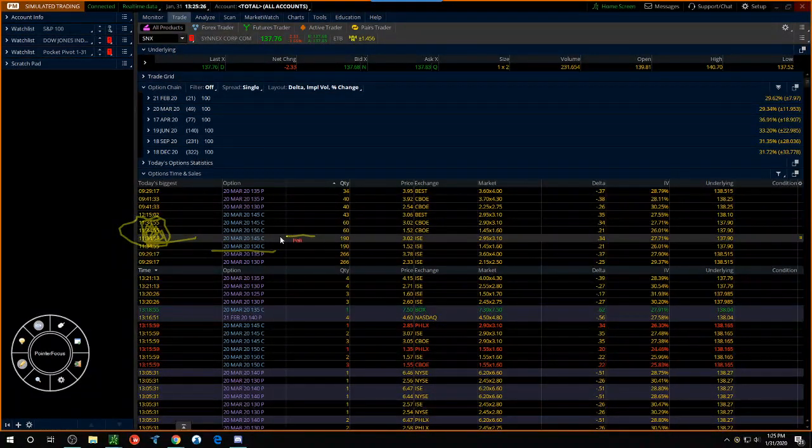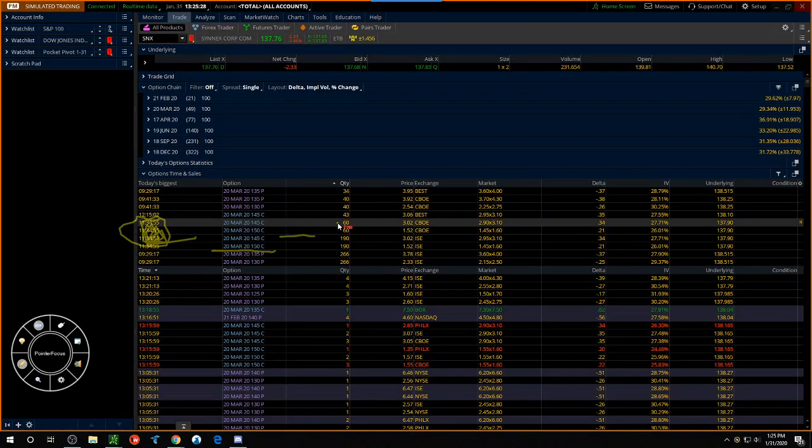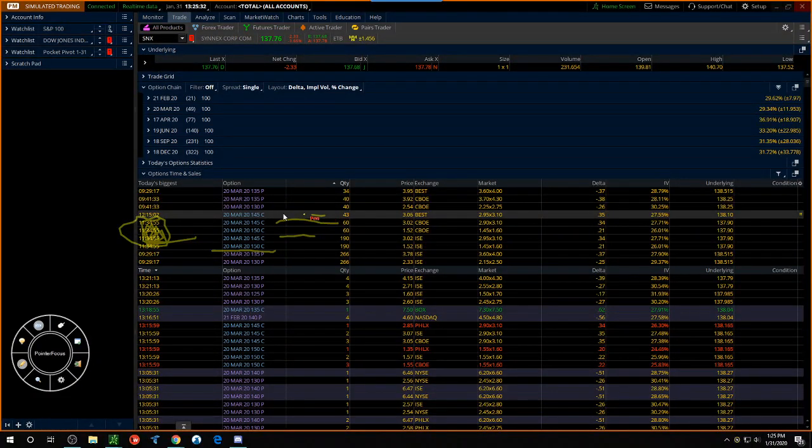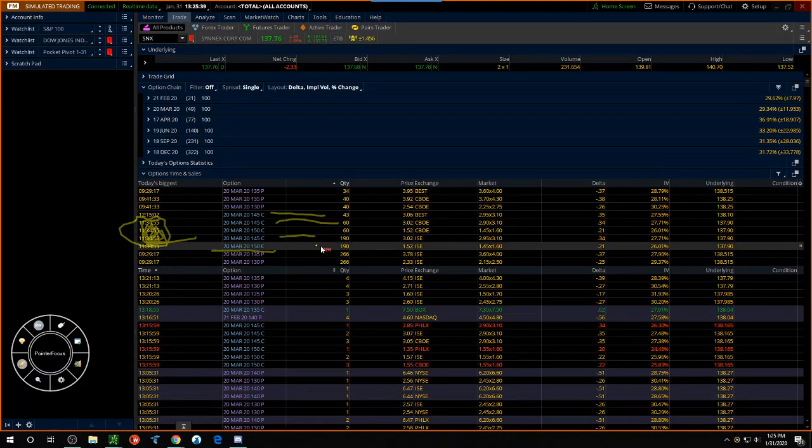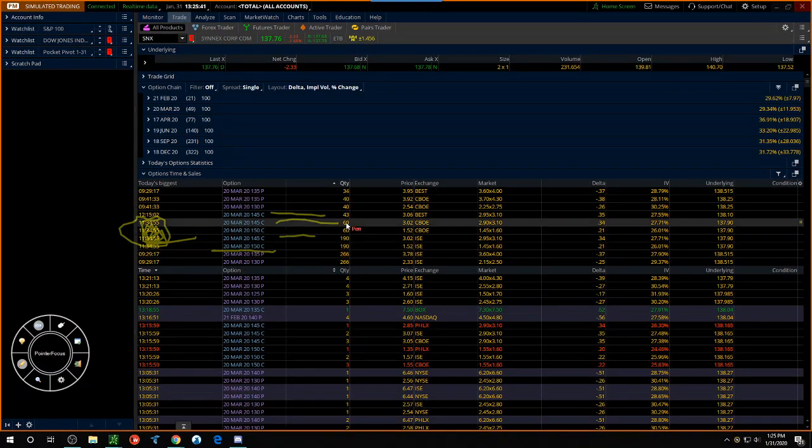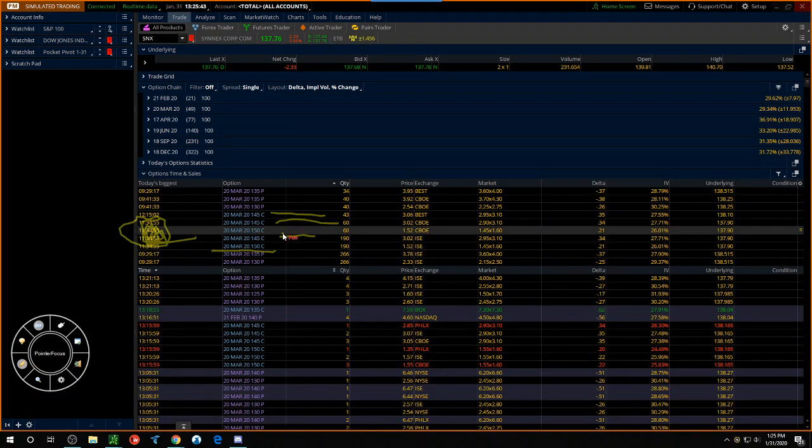We had 190 145s, and then another 60 145s, and then another 43 145s. And that puts it above these 150s.